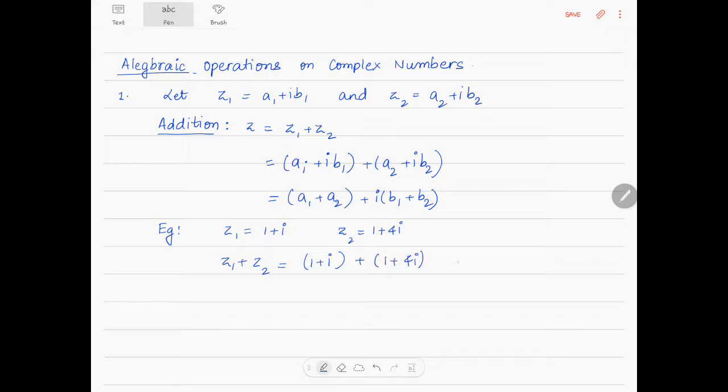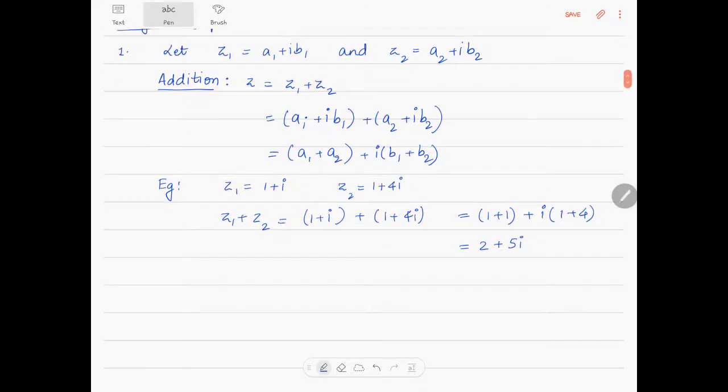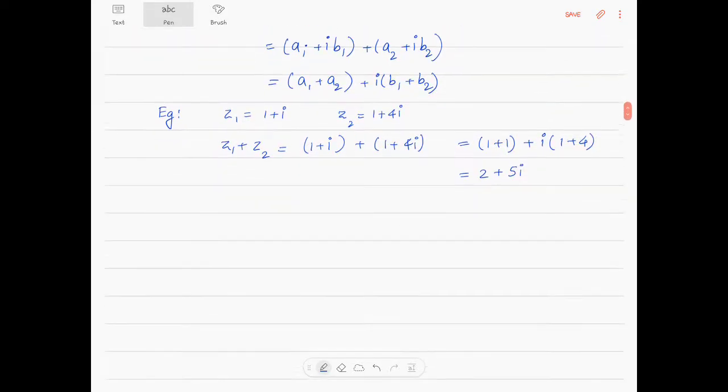Then we bring together the real terms, 1 plus 1, and take i common from the imaginary parts, leaving 1 plus 4. That gives us the answer 2 plus 5i as the sum of the two complex numbers. So this is the addition between two complex numbers.